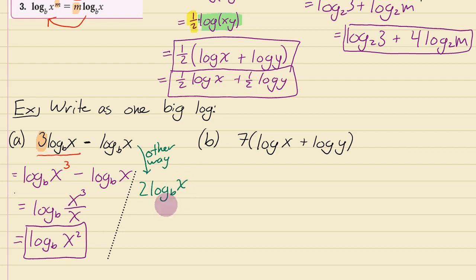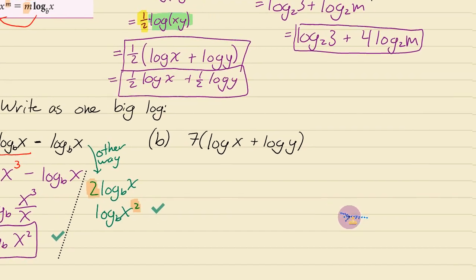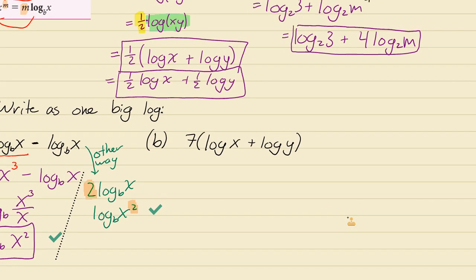And then once you see it that way, you could just turn that into log base b of x to the power 2, this time using rule 3 at this point. Then you get the same thing, so that's good. So 2 ways to get that same answer. Always helps.